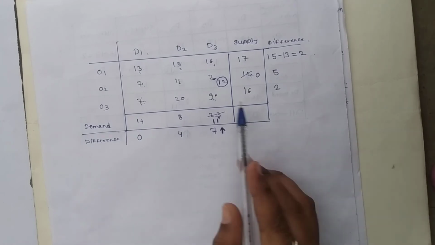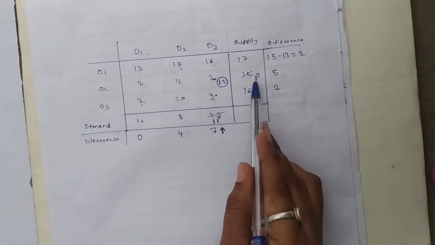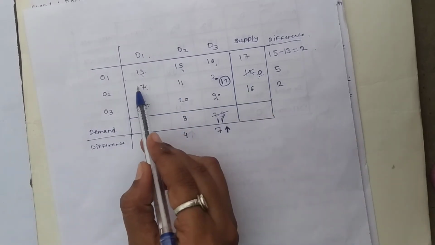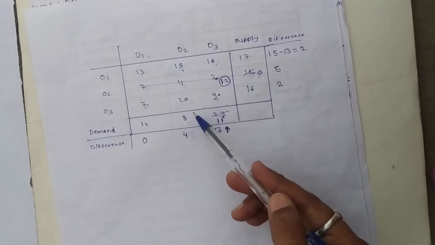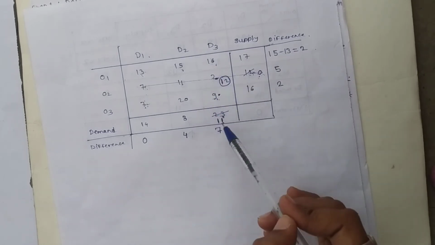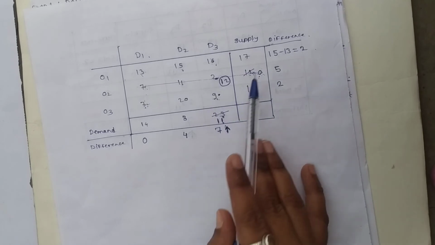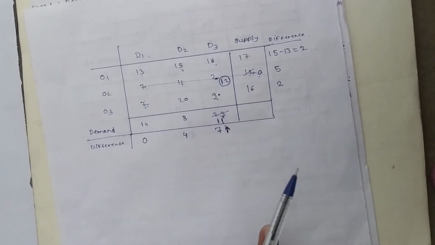So here the row is satisfied, that is, the row supply is 0, so we cross out this row. If the column is satisfied, then we cross out that column. If both row and column are satisfied, then we cross out both.